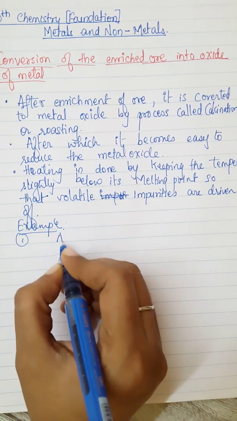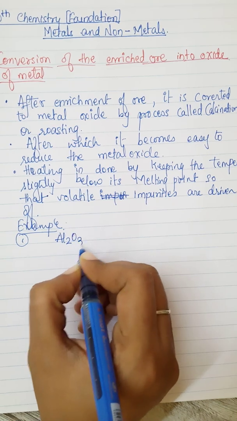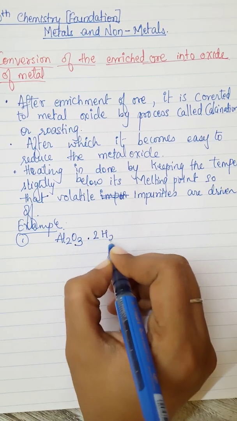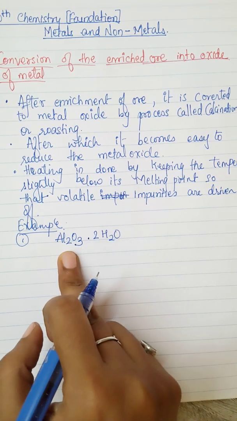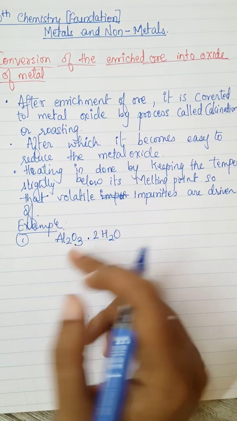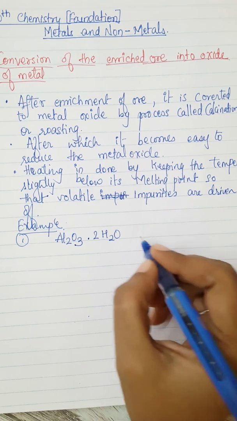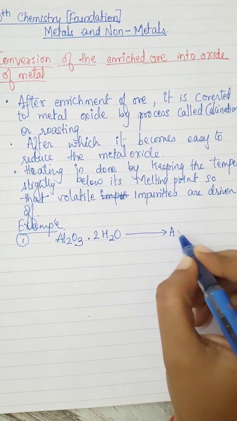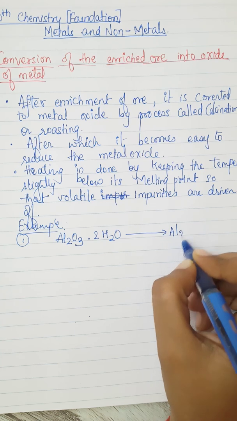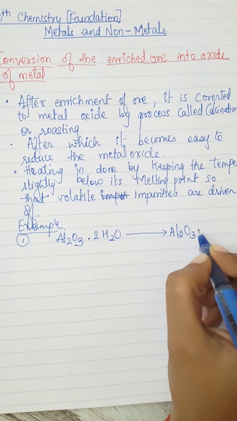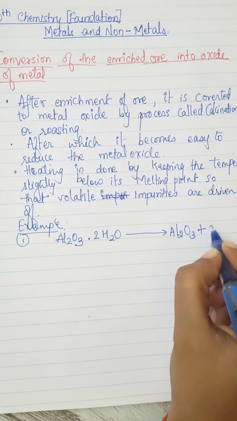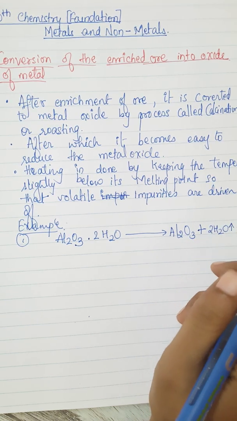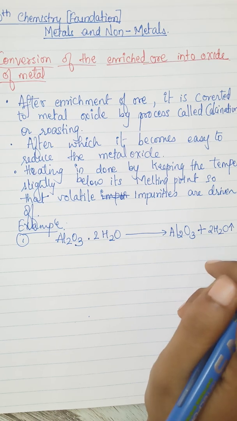That is Al2O3.H2O. There is already the presence of oxygen, so there is no need to use oxygen. This is done in absence of oxygen, so that the volatile impurities and excess water molecules can be removed right out of this ore. So you get alumina.